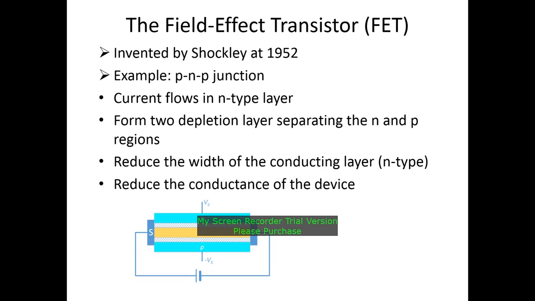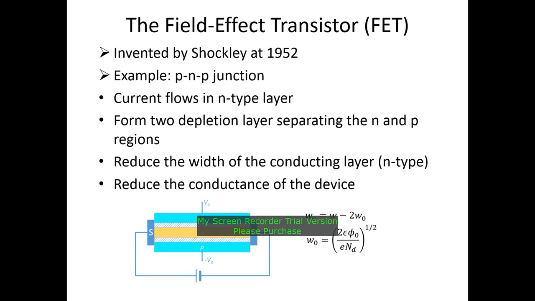When the battery is connected to the N layer, a current will flow parallel to the N layer's surface. This current is modulated by a transverse electric field established by another battery. This transverse electric field is also called the gate voltage.